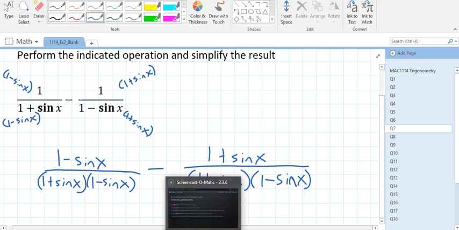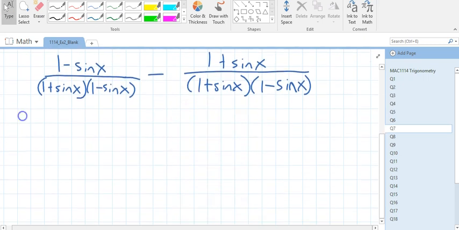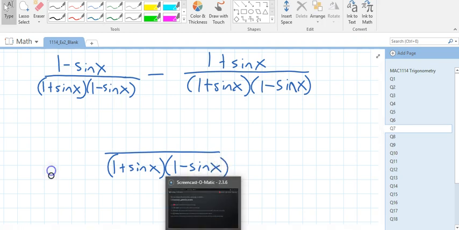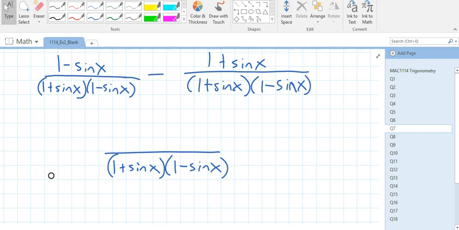So now we can actually perform the operation that they want us to, and we can put these together. All you got to do is combine like terms. So 1 plus sine x, 1 minus sine x. What is it that we have in the numerator? What does that all simplify down to? Negative 2 sine x.